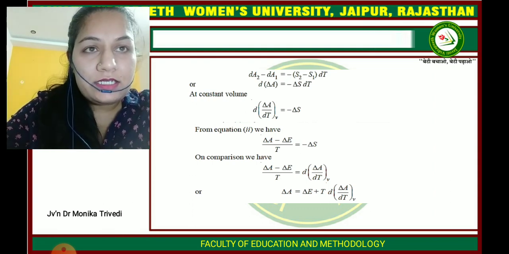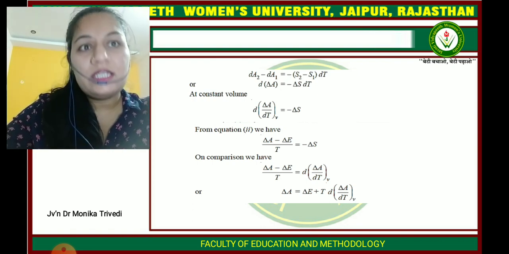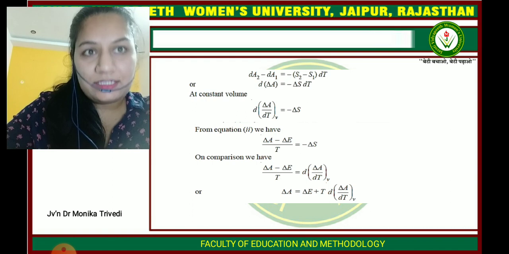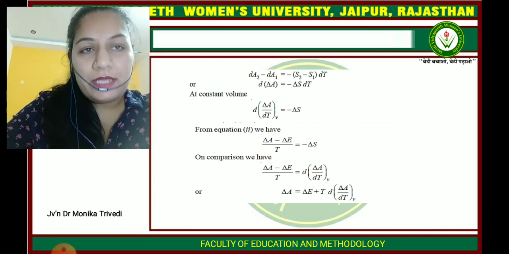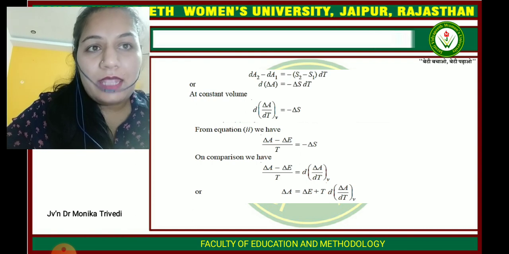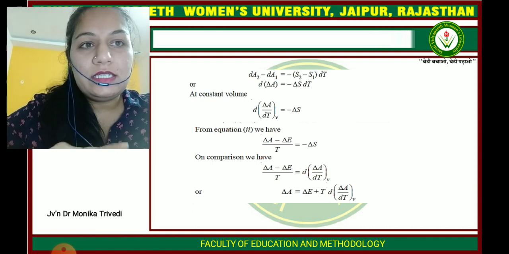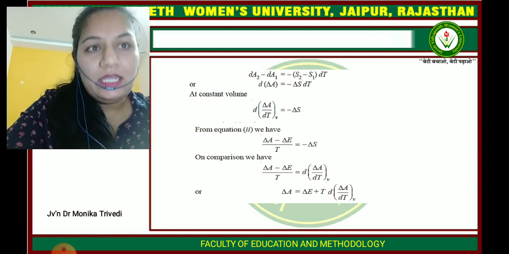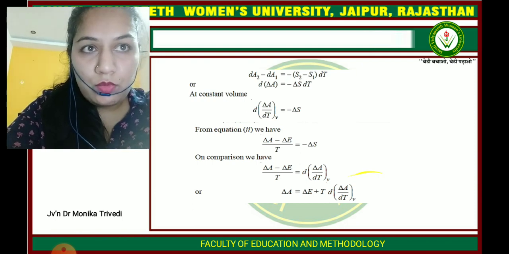So we get d del A is equals to minus del S dT at constant volume. d del A by dT at constant volume is equals to minus del S. From equation 2, we have (del A minus del E) by T is equals to minus del S. On comparing, we have (del A minus del E) by T equals to d del A by dT at constant volume, and finally we get del A is equals to del E plus T d del A by dT at constant volume.